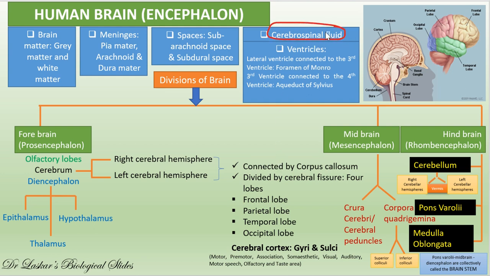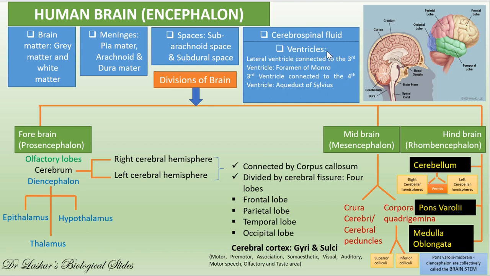Cerebrospinal fluid. The subdural and subarachnoid spaces are filled with cerebrospinal fluid, which is also called CSF. This fluid also fills the brain cavities, which are known as ventricles.